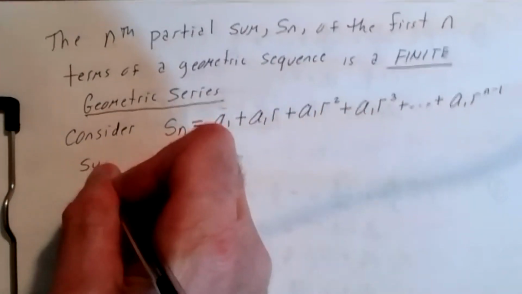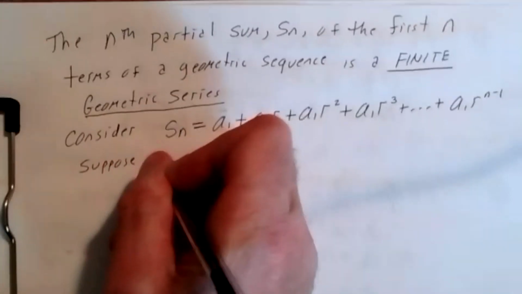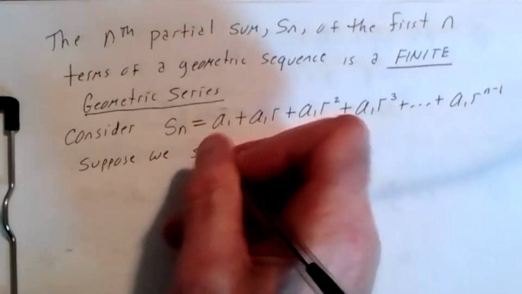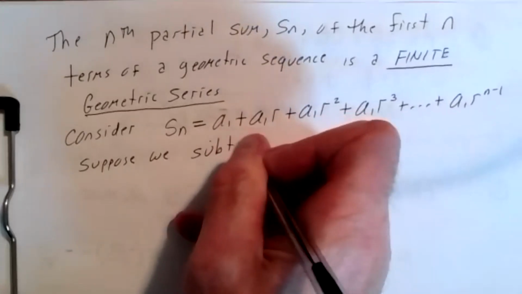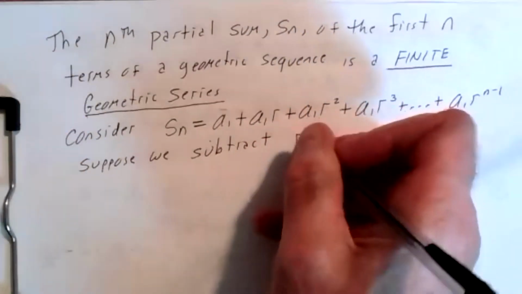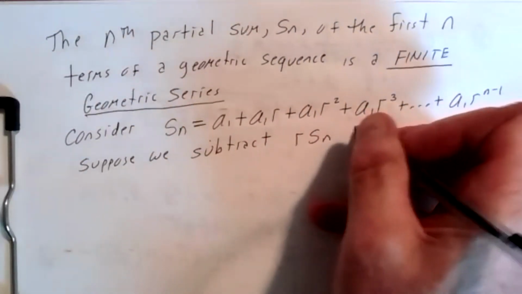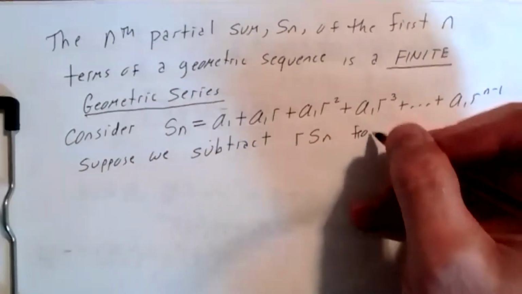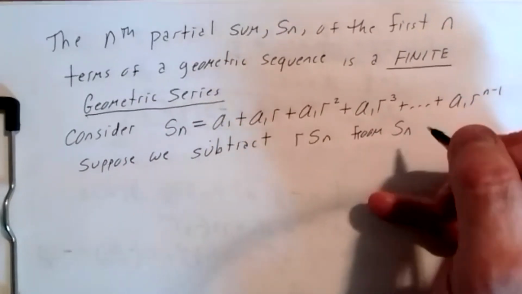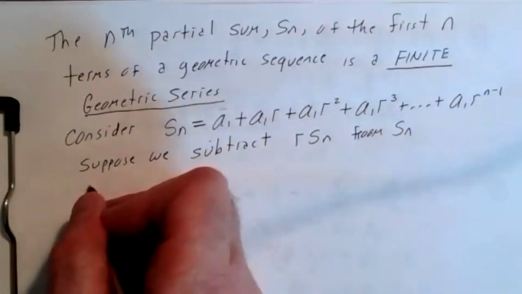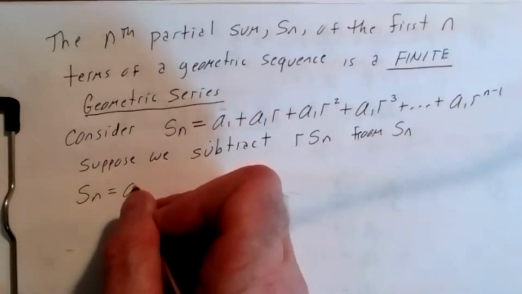Check this out, ladies and gentlemen. Suppose we subtract r times the nth partial sum from the nth partial sum. Something interesting occurs. So let's take our nth partial sum again.